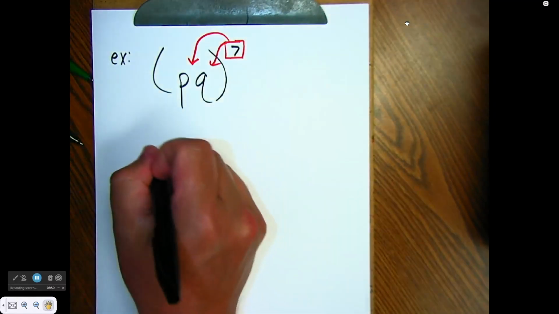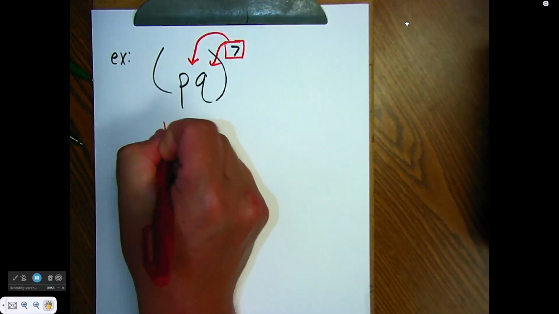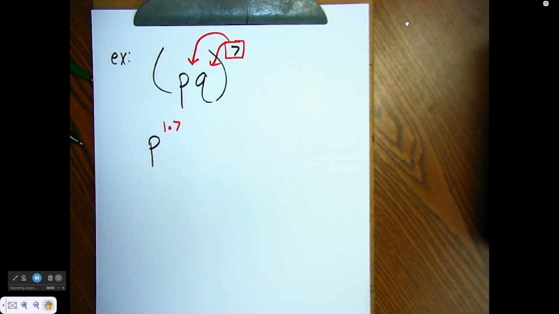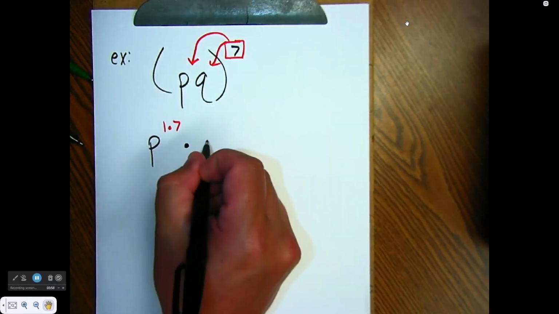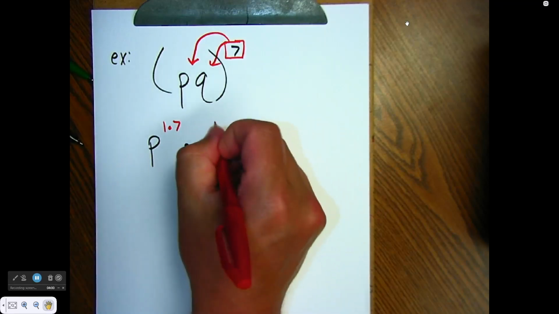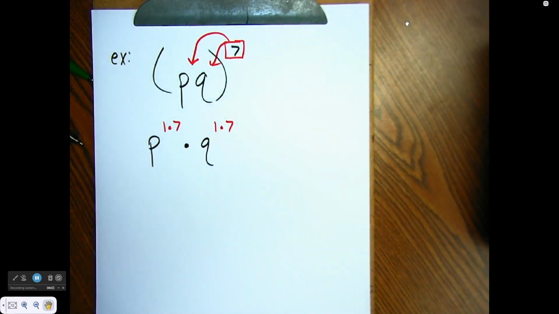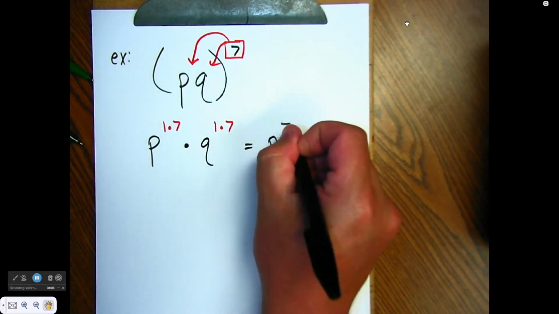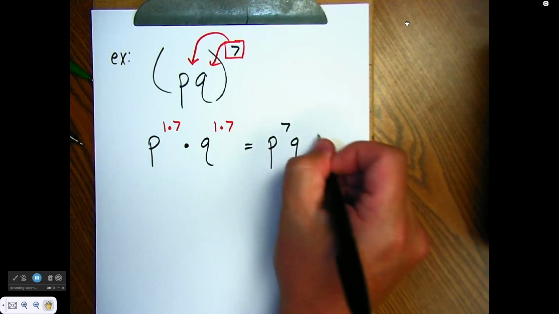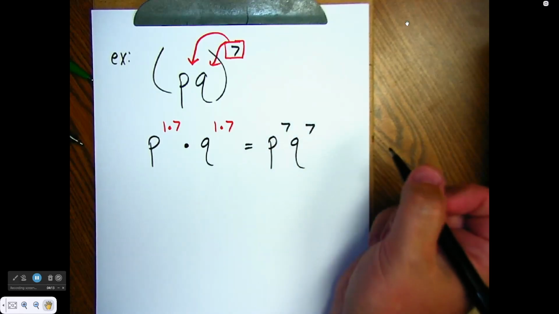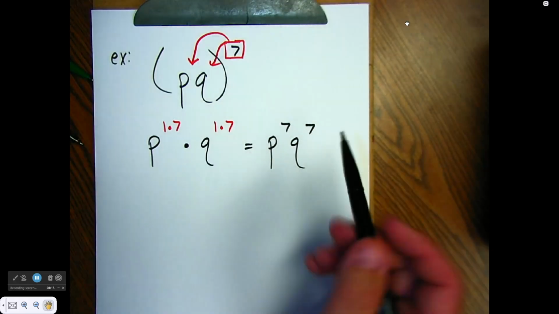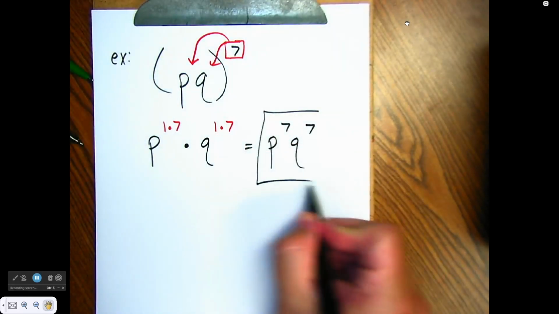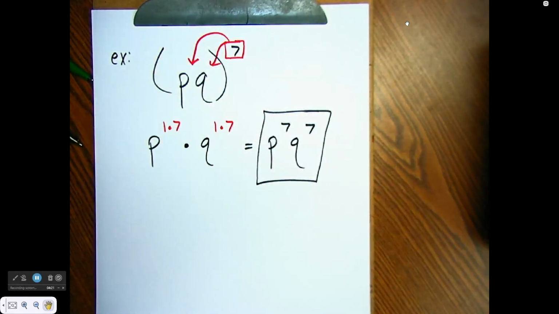So showing my work here, this is p to the 1 times 7, times q raised to the 1 times 7. Well, that's p to the positive 7, q to the positive 7. p to the 7th, q to the 7th. And that is my simplified expression. Let's look at another.